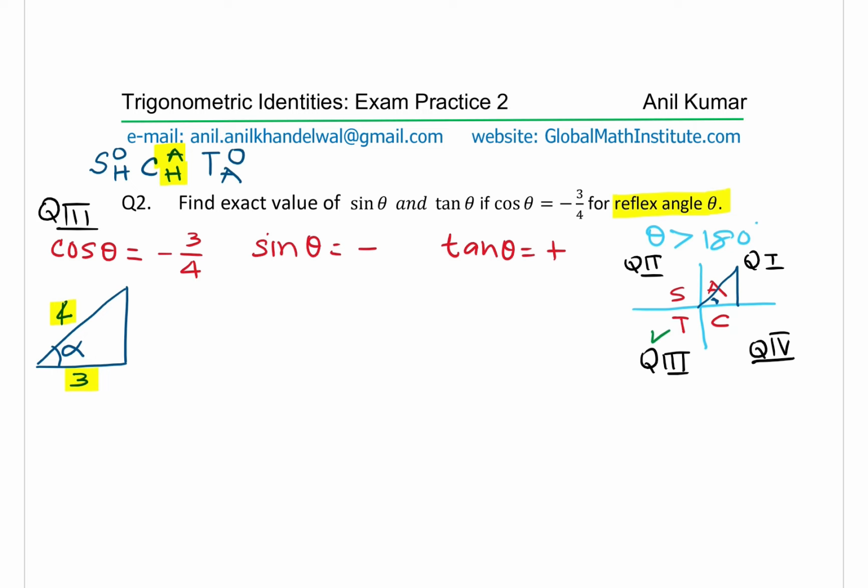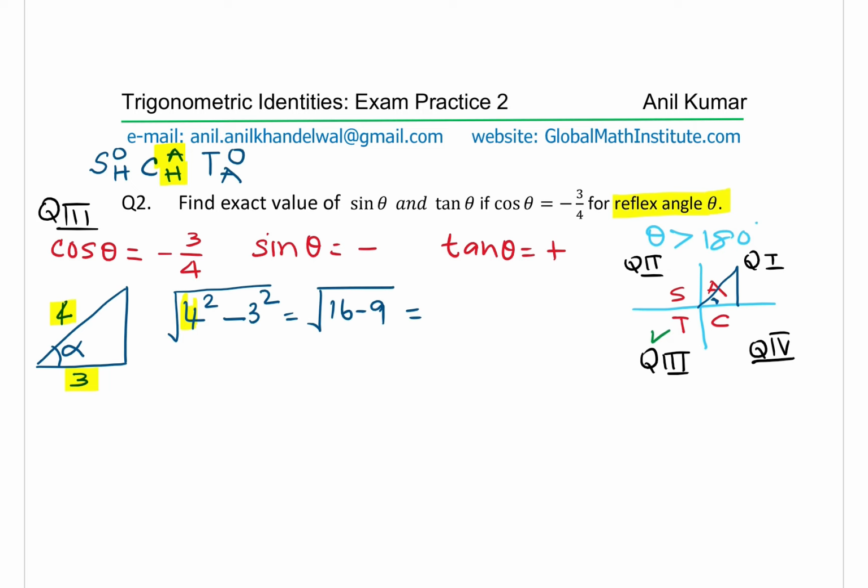So what is going to be the other side, the opposite side? We can find out this side, which is going to be the square root of 4 square minus 3 square, which is 16 minus 9, right?